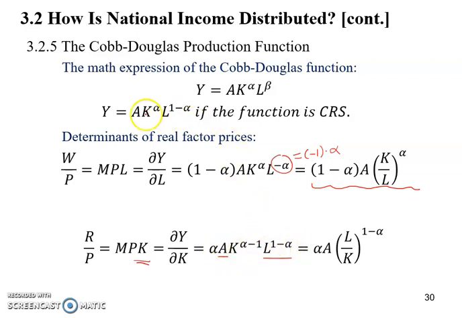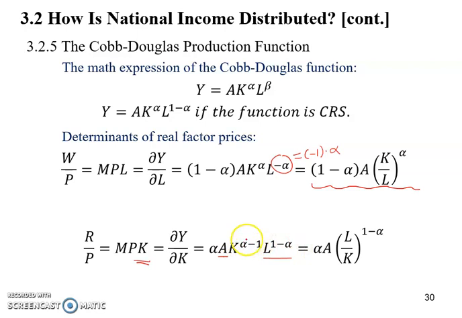But for K to the power of alpha, we copy the exponent to the front as a constant, and the exponent itself becomes alpha minus 1. So we get alpha times A times K to the power of alpha minus 1 times L to the power of 1 minus alpha.